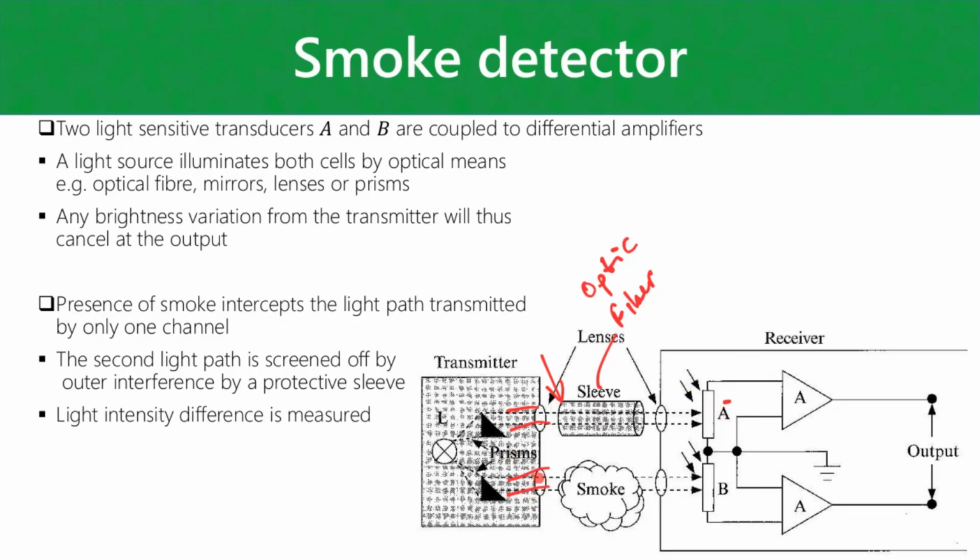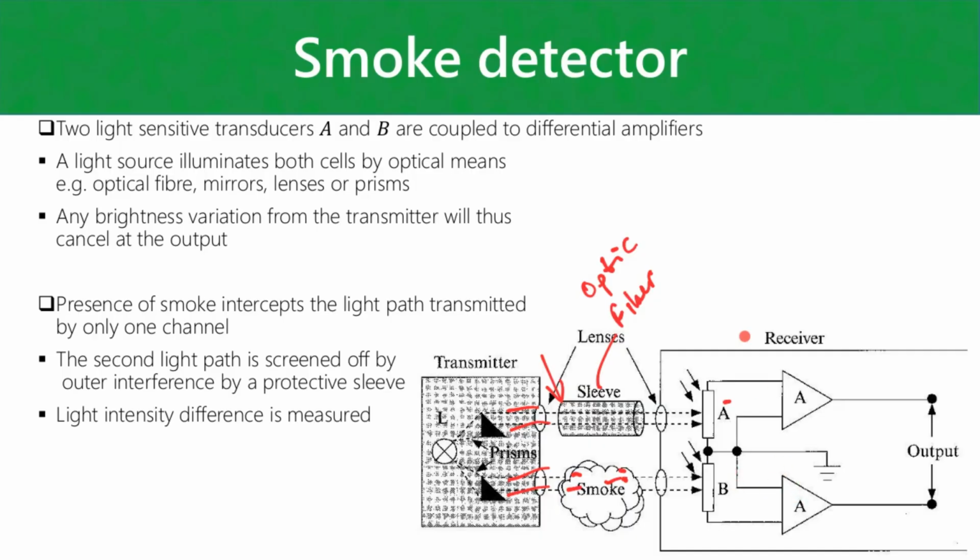And you also have an exposed beam. The exposed beam will also be directed towards a light sensitive resistor with a difference amplifier.